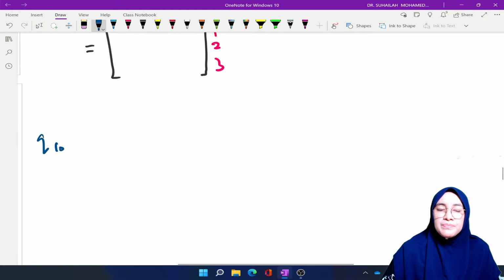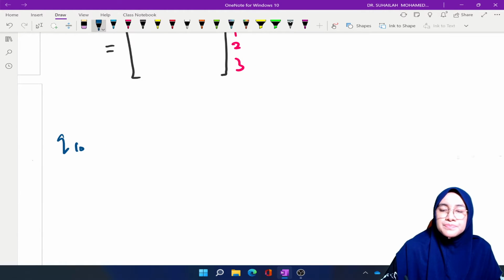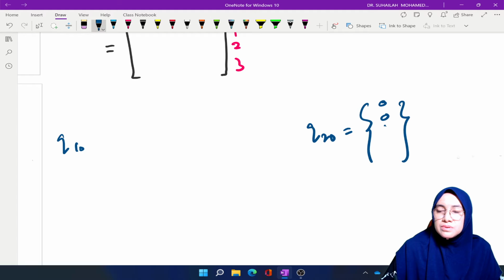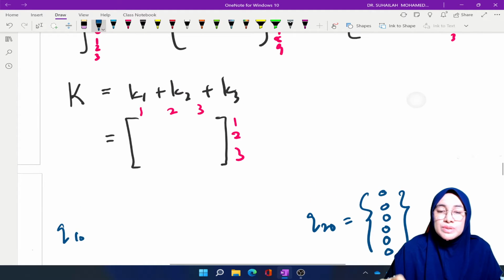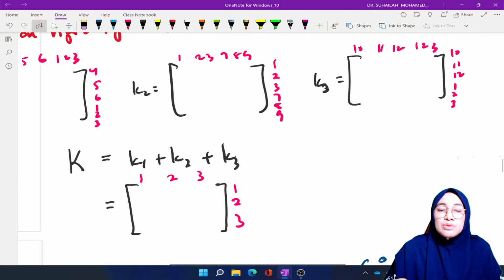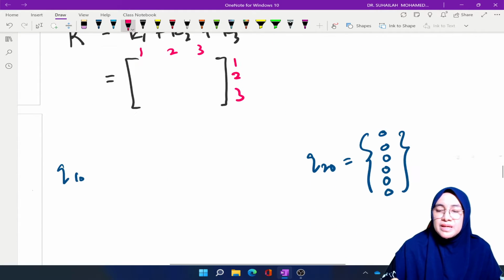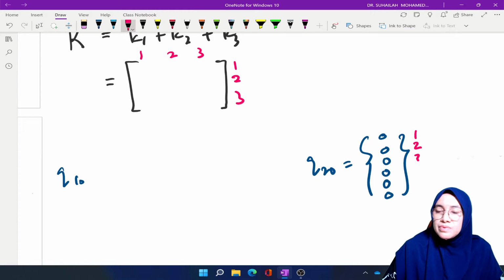For Q2 naught, it is 0, 0, 0, 0, 0, 0, and the label is equal to K2, which is 1, 2, 3, 7, 8, 9.